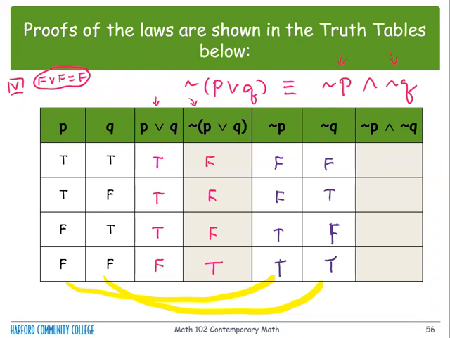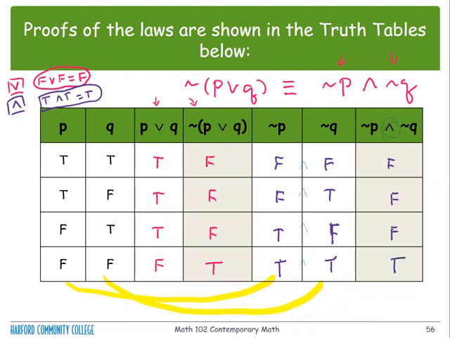And next we connect these two with the and and put the result in the rightmost column. Make a note on the side: for the and, only when both of them are true will the result be true. Otherwise, you get the false result. So false and false returns false. False and true is false. True and false is false. True and true is true.